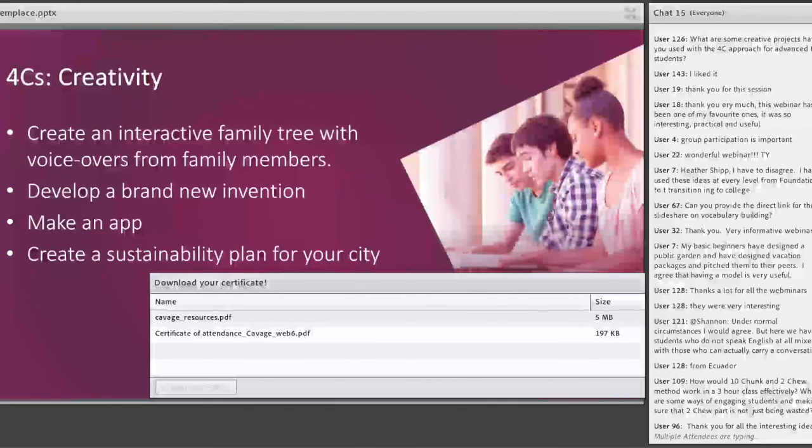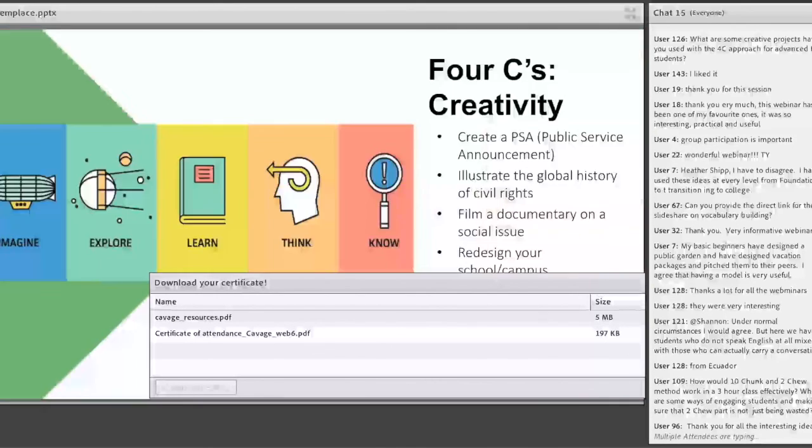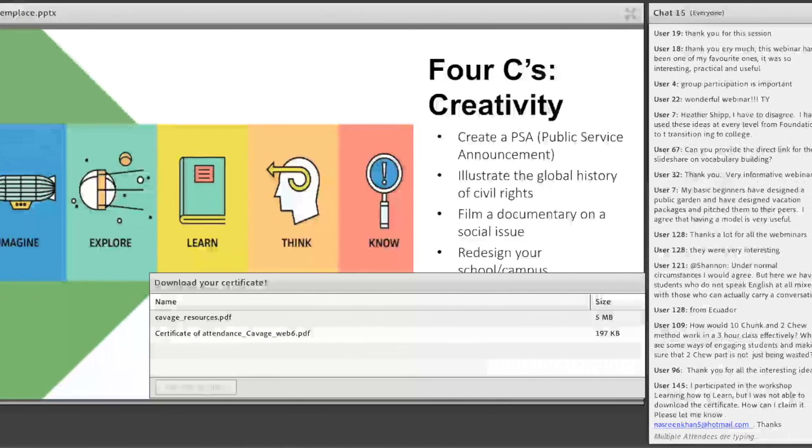Developing a new invention, making an app, these are all great for advanced level learners. Redesigning public transportation, redesigning your school or campus, even the PSAs. PSAs I've used from level 1 to level 6, so I think PSAs are really across all levels.